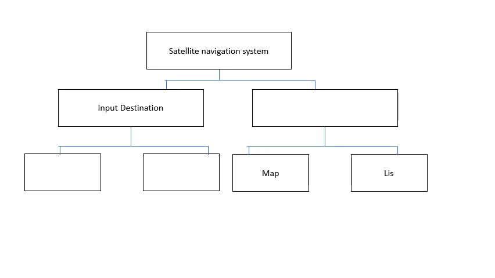We will fill in this question like that. So the satellite navigation has two parts: input destination and output direction. From the question we put new destination and saved destination. Output directions contain map and list.